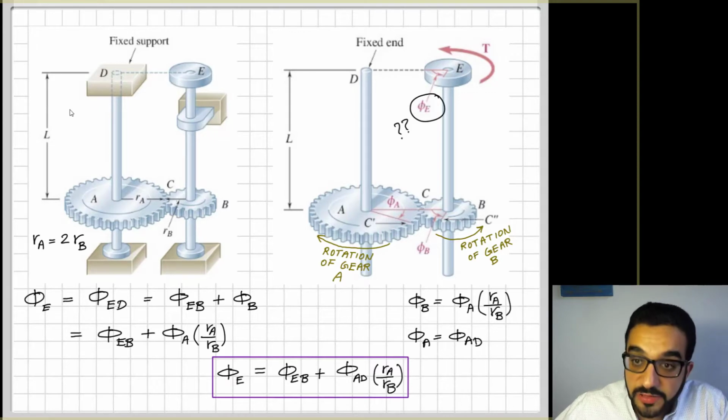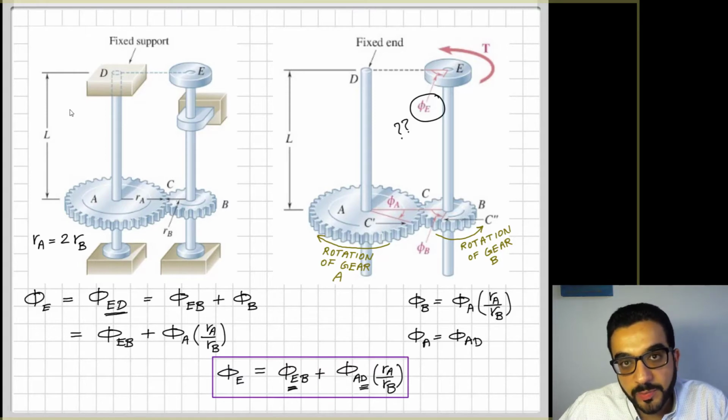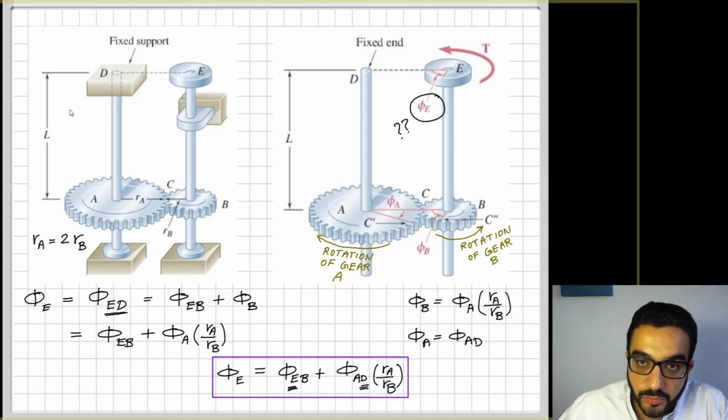And if I want to check if my answer is correct, I started with saying that phi E is equal to phi ED. So in the expanded formula here, phi ED is broken down to phi EB, so let's start with the E, plus phi AD, so it ends up with D. So the phi ED that I started with, I expanded with this formula.